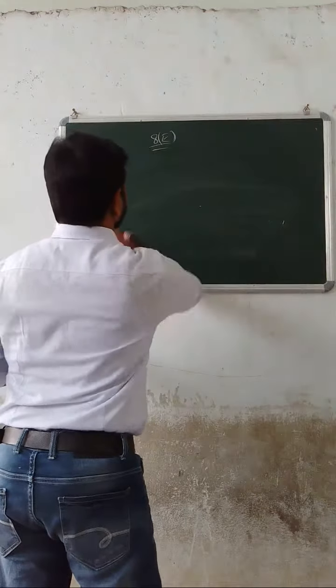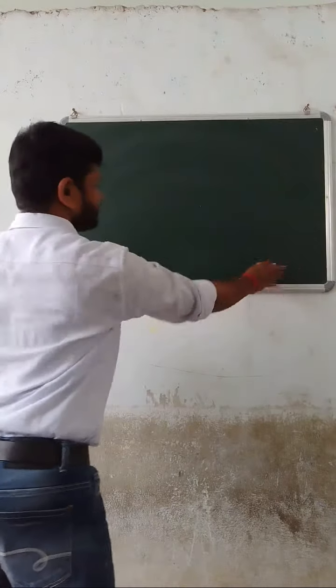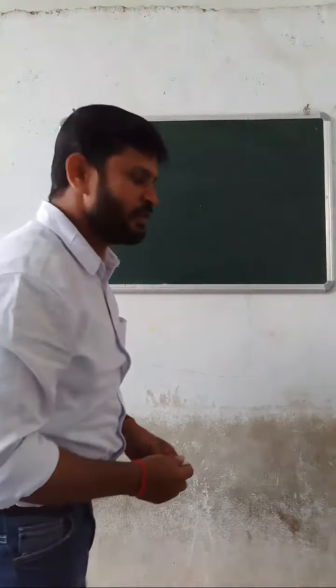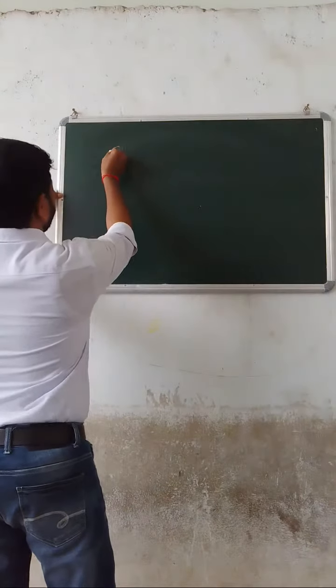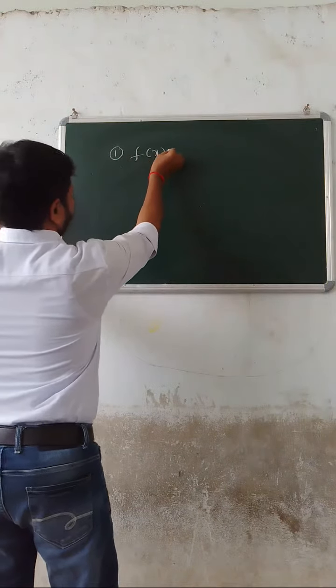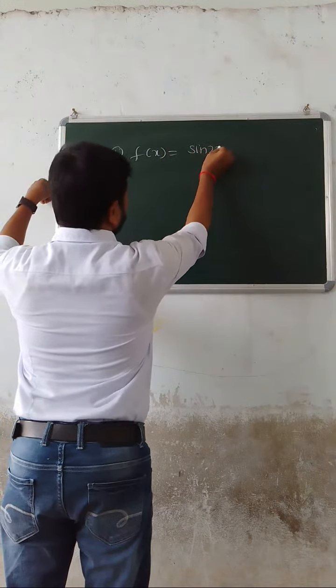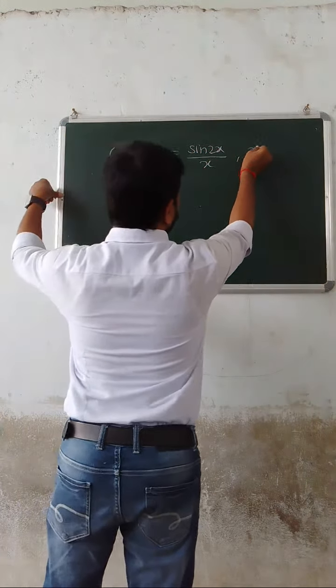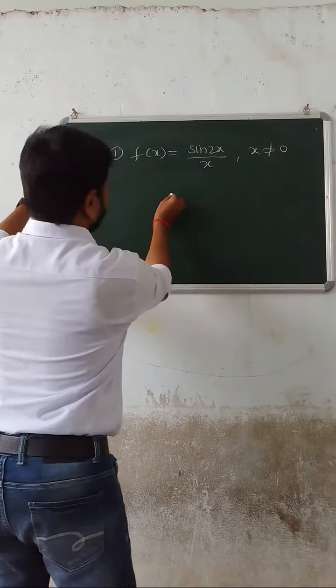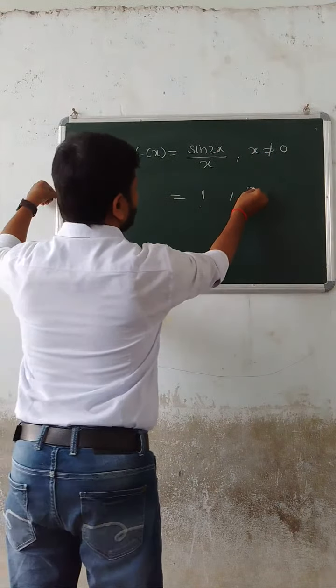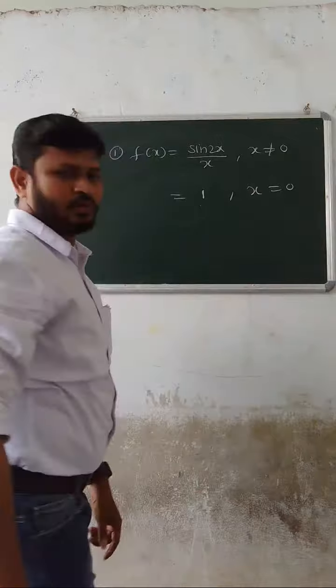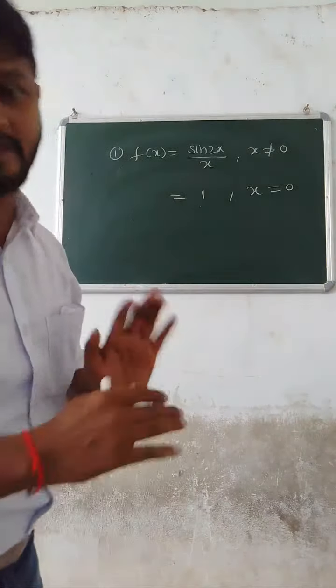We have to write one more question. See this, all of you. The first question: given that f of x is equal to sin 2x by x, where x is not equal to 0, and f of x is equal to 1, where x is equal to 0. Verify continuity.